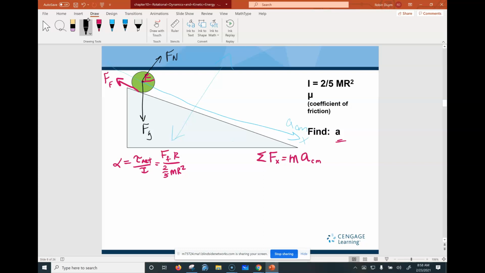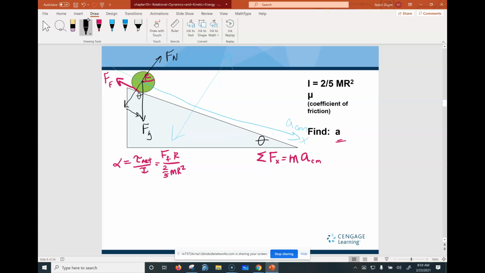And then we need to break this up. So there's a lot of good review here, right? Because we need that normal force to get our frictional force. How do we get our frictional force? Mu Fn. How do we get our normal force? We need to break up our gravitational force into the components, because we need just the stuff in the x direction. So, here we go.